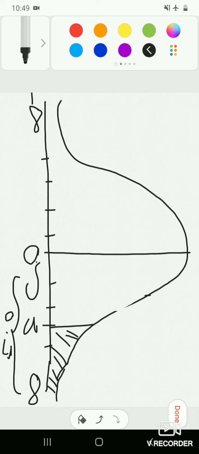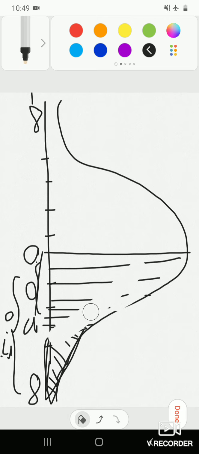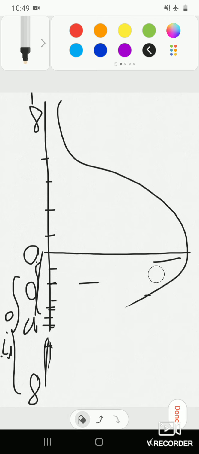From the table we can find this area, that is 0 to 3. If you subtract this area from 0.5, this region is gone and you will be remaining with this area. This is exactly what we need. So from 0.5, if you subtract 0 to 3, you will get the required answer.